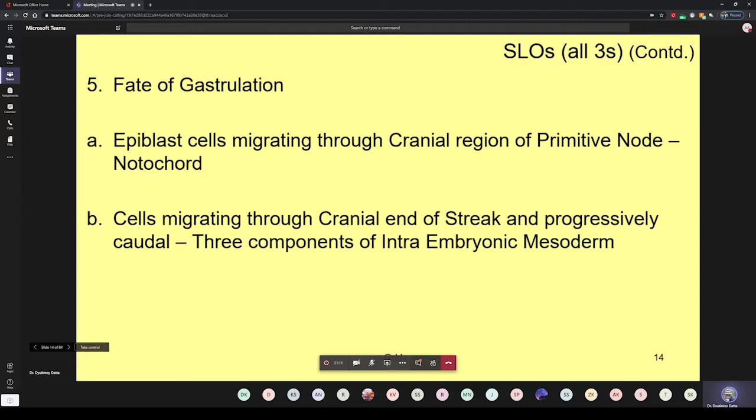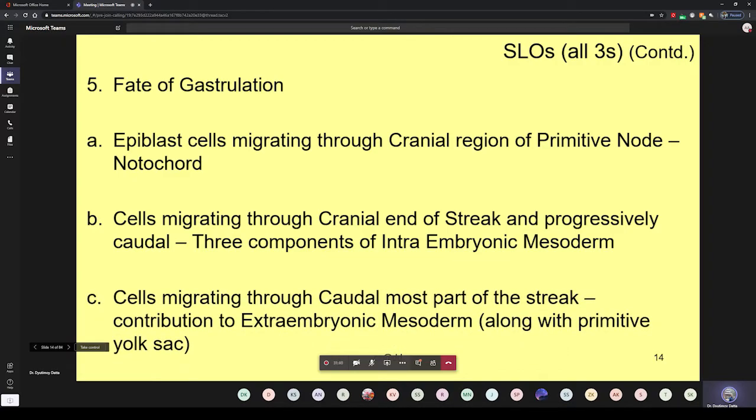That is intraembryonic mesoderm, and there are three components. When I come down to that, we'll go into that. So, intraembryonic mesoderm: how is it formed? The cells migrating through the cranial end of the streak and progressively caudal. So we have the three components of the intraembryonic mesoderm.